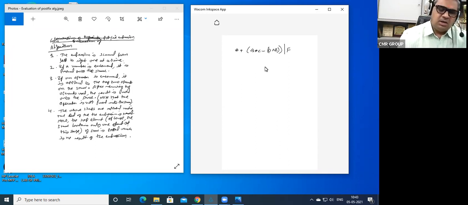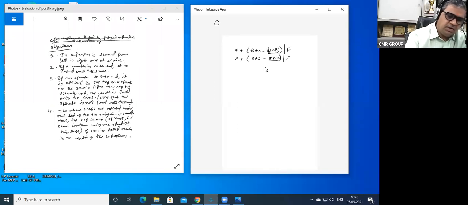First, what is written in the brackets is evaluated, and in that d power e gets evaluated first. So it is a plus b into c minus 8 power 2, and divided by f.